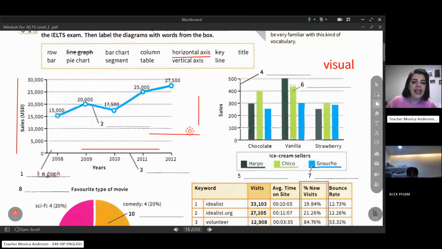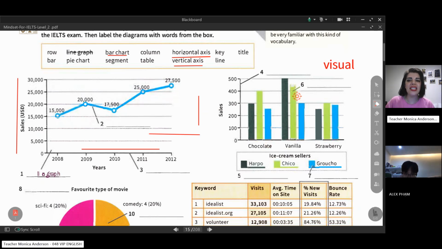Now let's keep going. This is number 4. Here we have a bar chart, and this is the vertical axis, very good. And number 5, the name of the chart: bar chart.